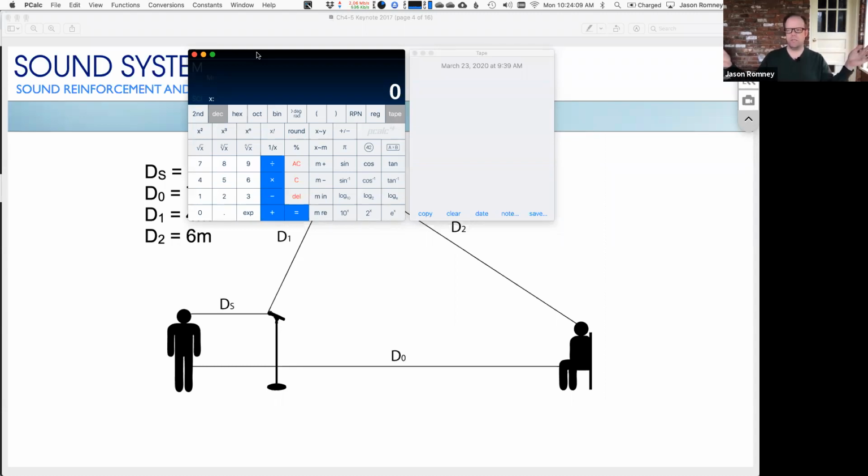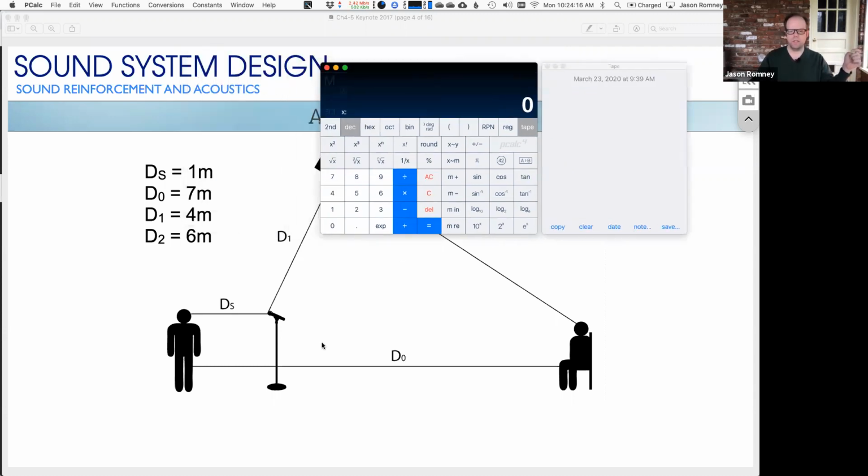This would be 20 times the log of d0 divided by ds, d0 being the distance between the talker and the listener, ds being talker to the microphone. So I would do d0, 7 meters, divided by ds, 1 meter, log 10 times 20.